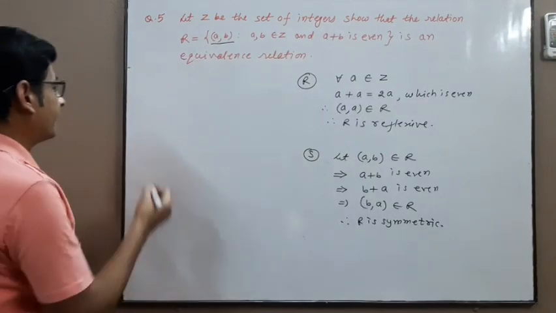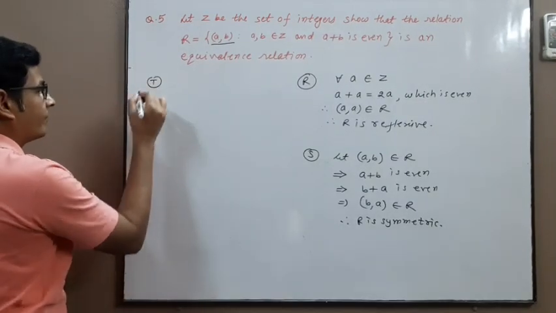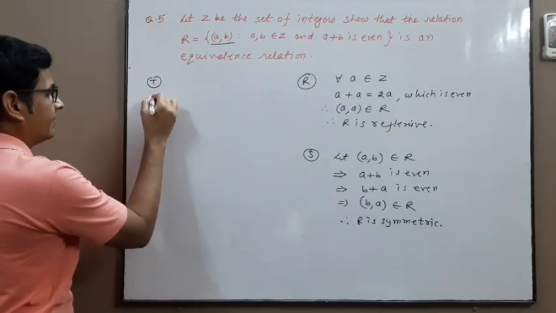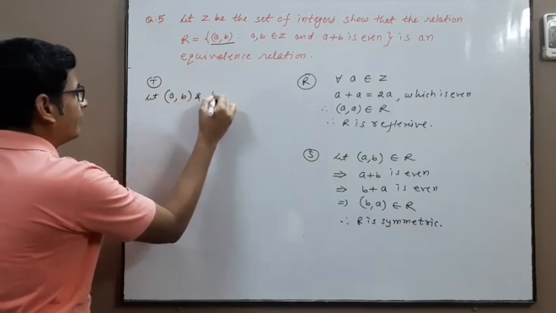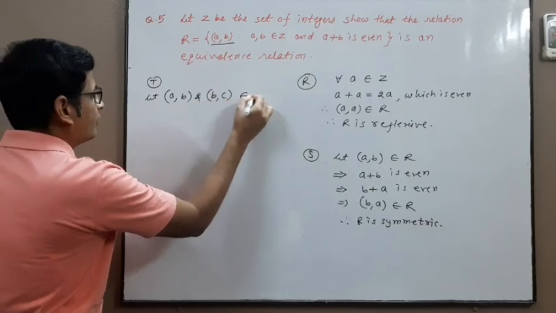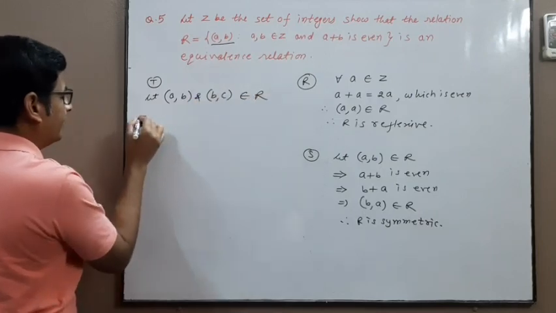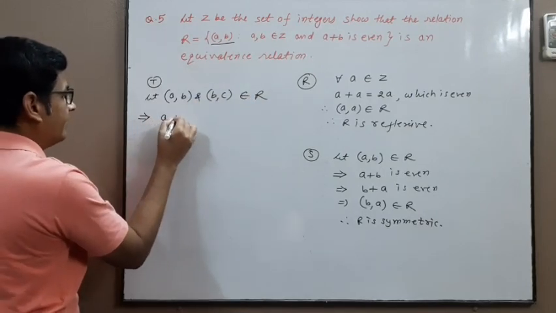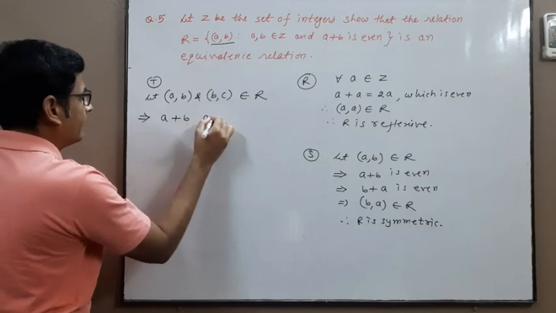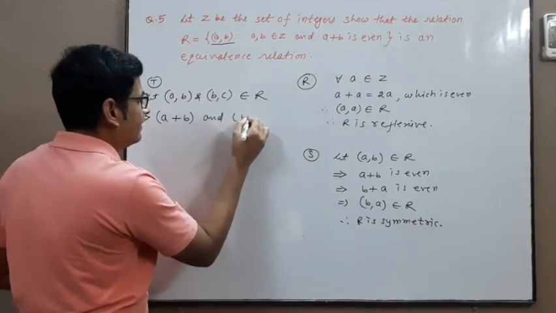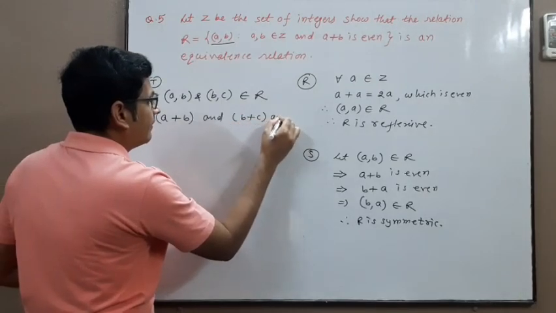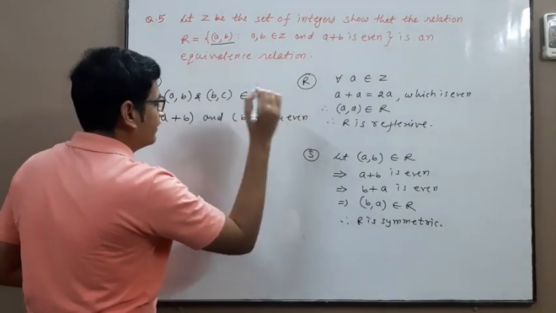For transitive, let (A, B) and (B, C) belong to relation R. This implies A + B and B + C are even.